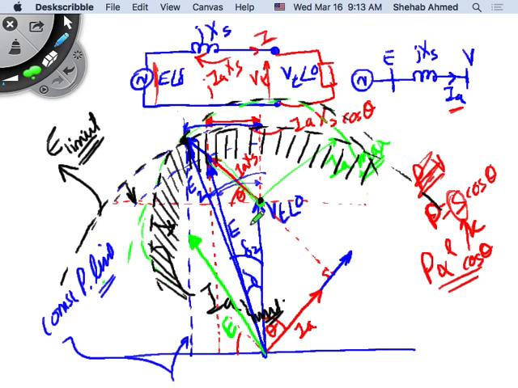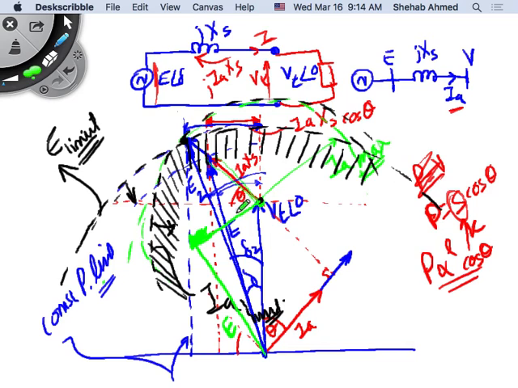So basically, E is the summation of Vt and the voltage drop, right? So now I actually have a smaller E than my V. Where do you think my current is? Is it close to V? But it's leading. It's a leading power factor, so you can draw something perpendicular to this.